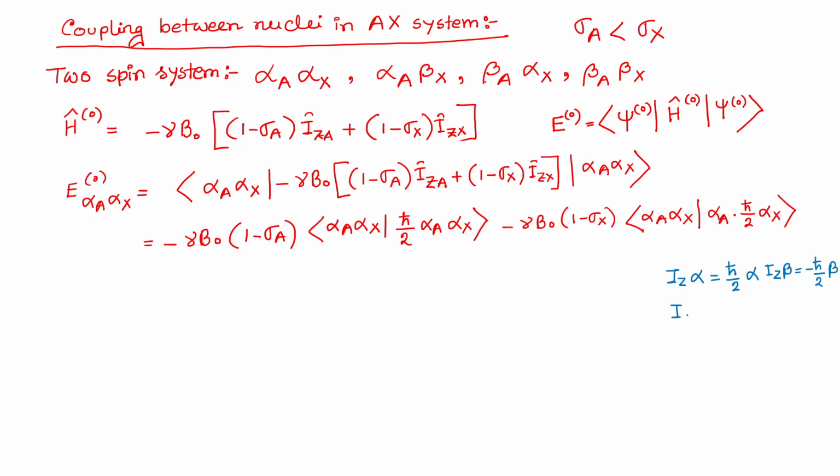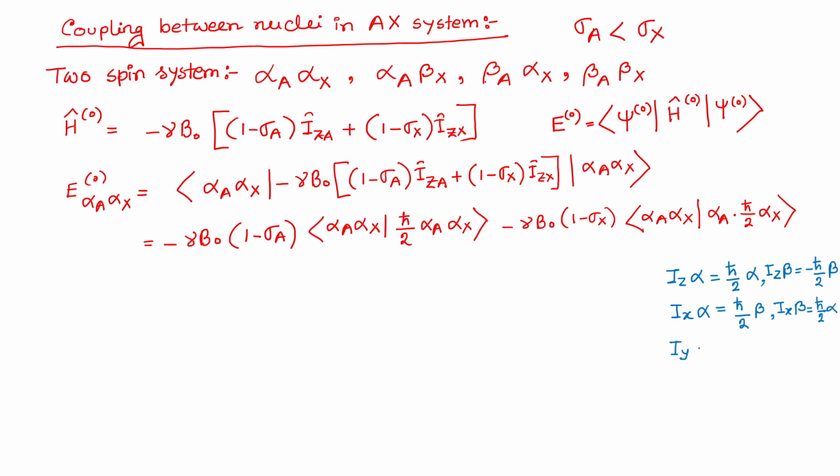And I will give you something earlier, because we are going to need it later: when IX operates on alpha, it will give you H cut by 2 beta. So the spin states are changing because these are not eigenvalue equations. And IX when operating on beta gives you H cut by 2 alpha. There is no change in sign, but the spin state changes.